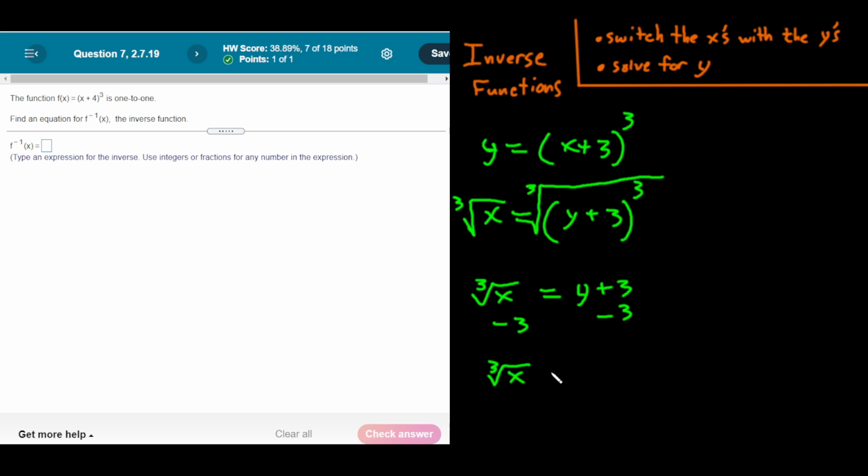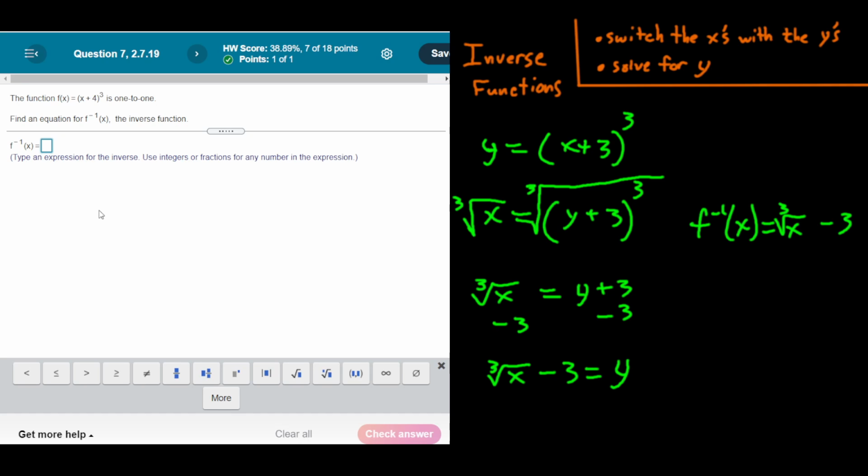Remember, don't write the 3 underneath the radical. So it's the third root of x minus 3 separately. You're going to have that equal to your y. Now you can say that this is your inverse. So the inverse function is equal to the third root of x minus 3. And that's it. You're done.